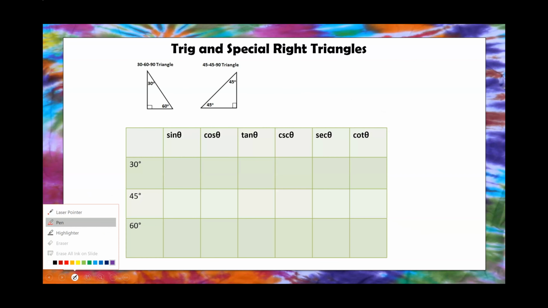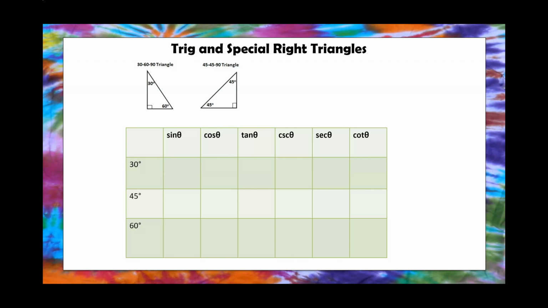All right, next thing here is our trig table. And we're just going to go ahead and derive a few of these. And then I think after that, we'll just kind of move forward with this. All right, so here we're going to use what we learned about special right triangles to fill out these pictures.